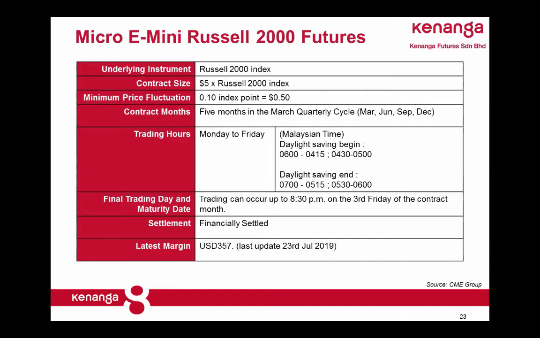Okay, for Russell, it is $5 times Russell 2000 points. Minimum fluctuation 0.1 index point, equivalent to 50 cents. The rest is the same, and latest margin is $357 a contract.